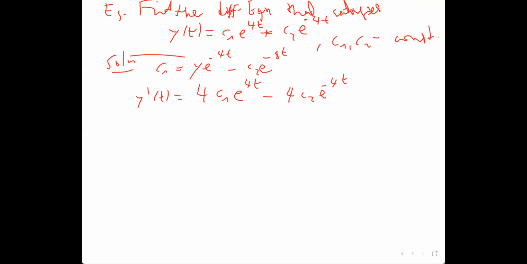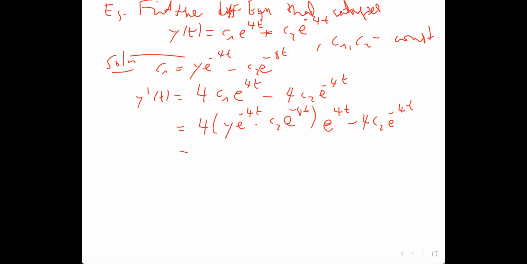Then what we do is substitute c1 with the definition that we have written. If we put c1 in, then we have 4 times (y e^(-4t) minus c2 e^(-8t)) times e^(4t) minus 4c2 e^(-4t).